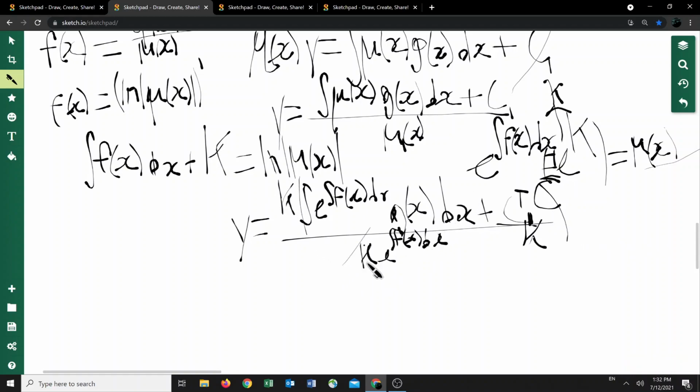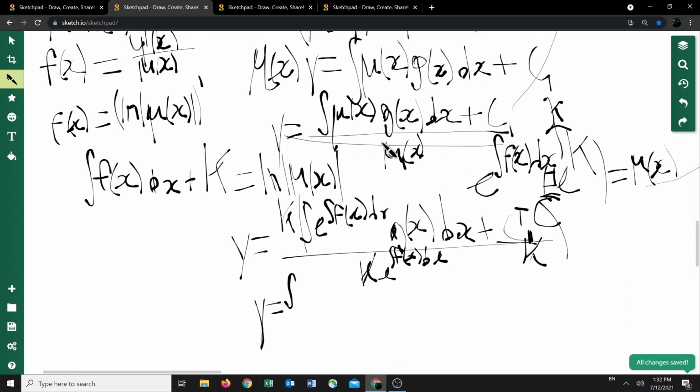We can also cancel the k's, and we're just left with y equals the following integral of, well, now since these two have to be equal, this definition tells us that e to the integral of f of x dx equals mu of x. So in other words, our final answer for mu of x is equal to e to the integral of f of x dx.